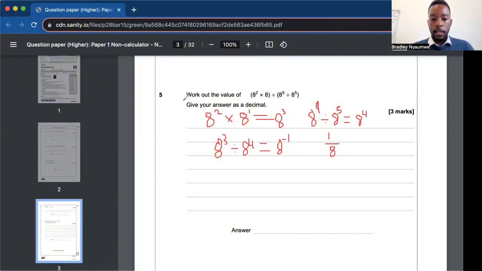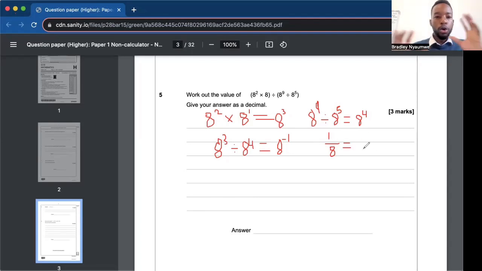But notice that the question wanted us to leave our answer as a decimal. So this is a fraction. We need to make this the decimal. Now, do you know the decimal for 1/8? Some of you may do. If you do, just write equals and then just write the decimal.